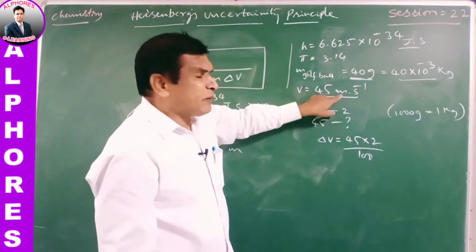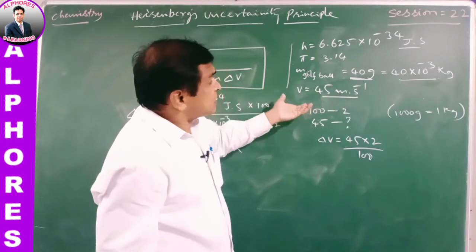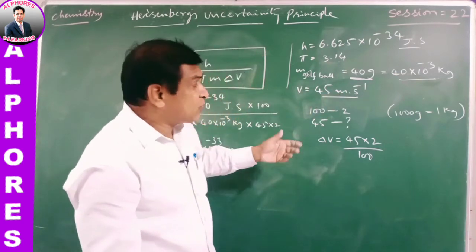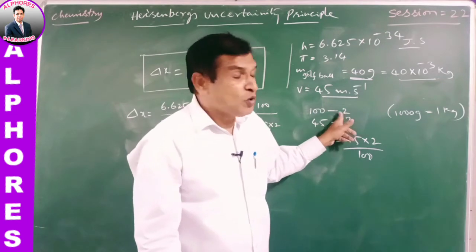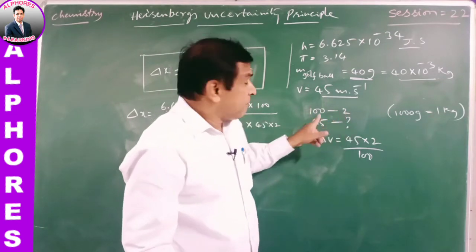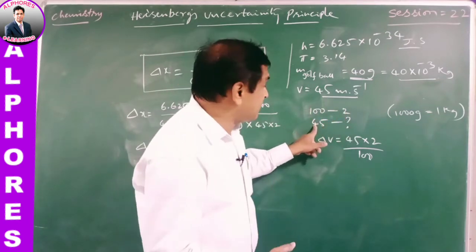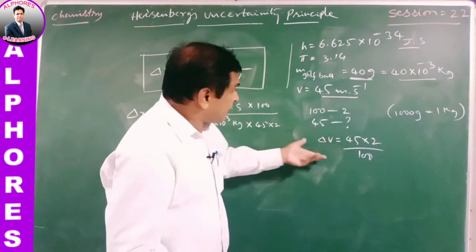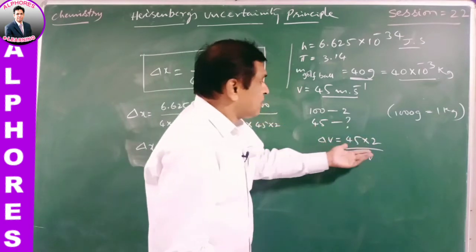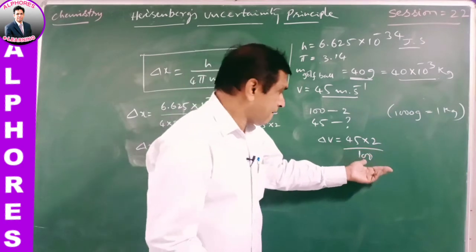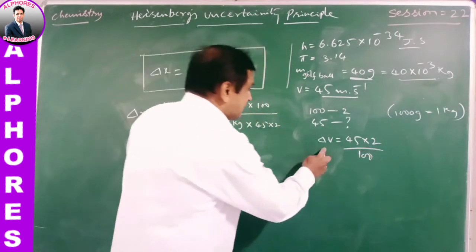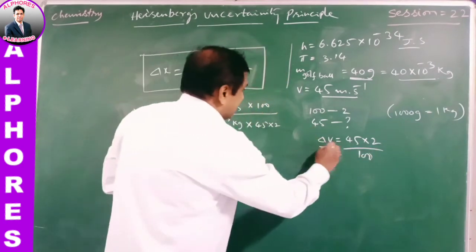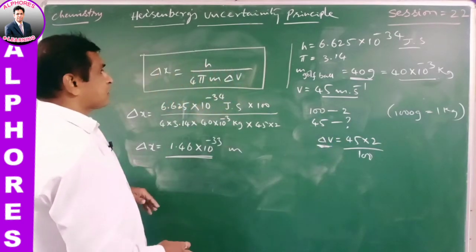So this much speed it is traveling. What is the accuracy in that? The accuracy is only 2%. So per 100 the accuracy is 2, and per 45 you have to calculate: 45 into 2 by 100. This is delta V, in meters per second.